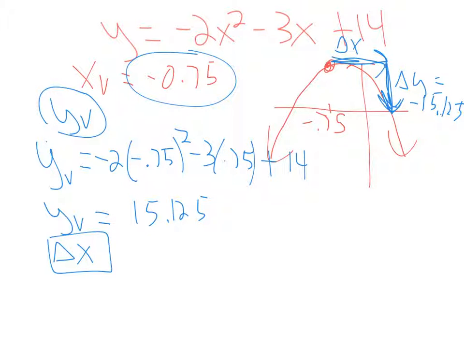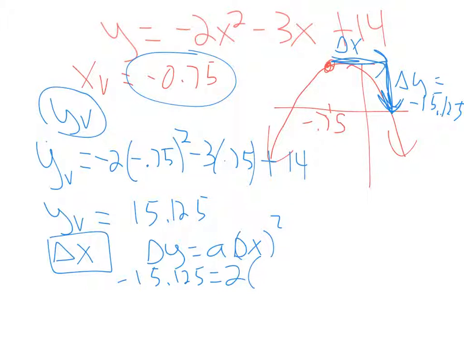So let's use our formula. Delta y equals a delta x squared. Delta y is negative 15.125, and that equals negative 2 times delta x squared. So I have to divide both sides by negative 2.